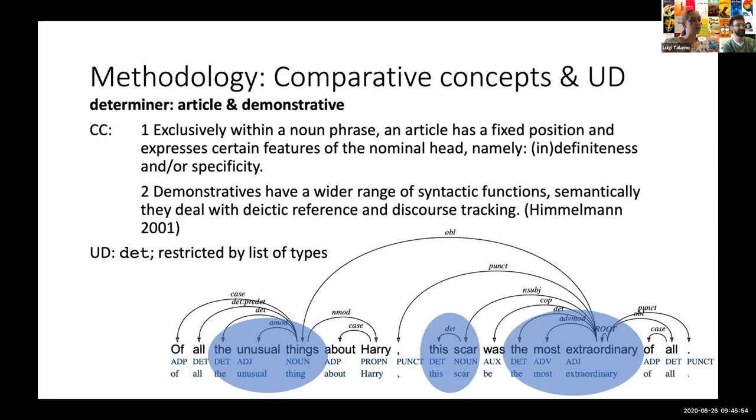And here we are focusing on articles and demonstratives. So we have two comparative concept definitions for those two on the slide. So we filter out in one of our filters articles and demonstratives from the UD relation det.